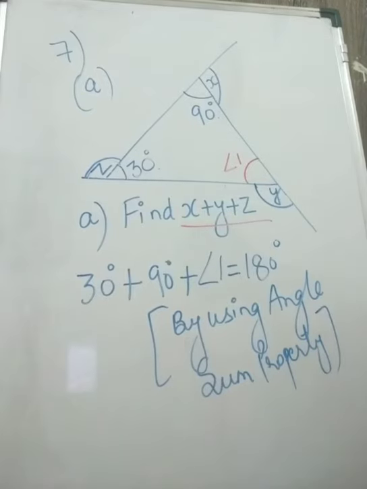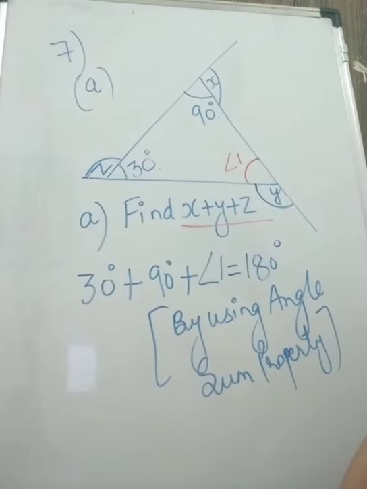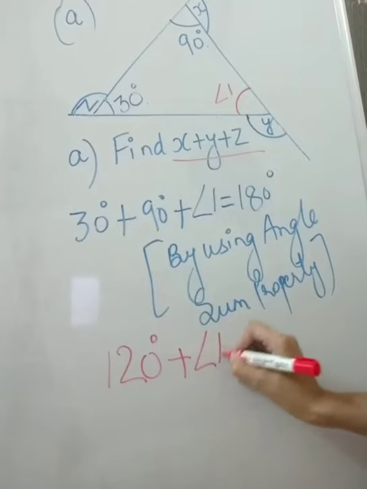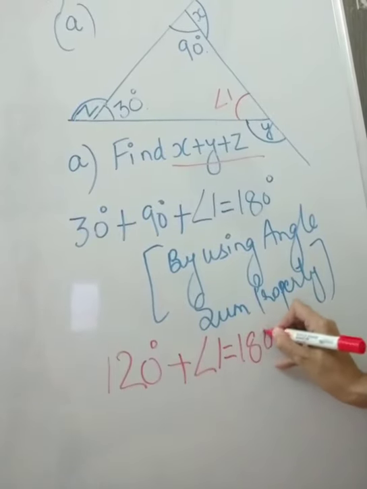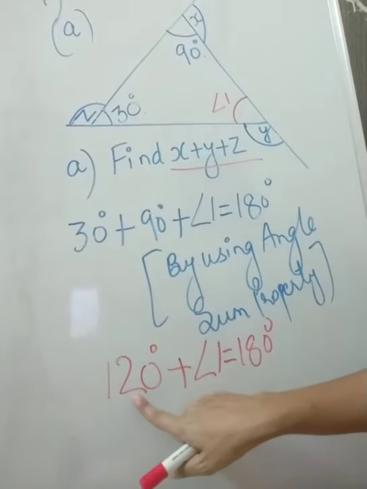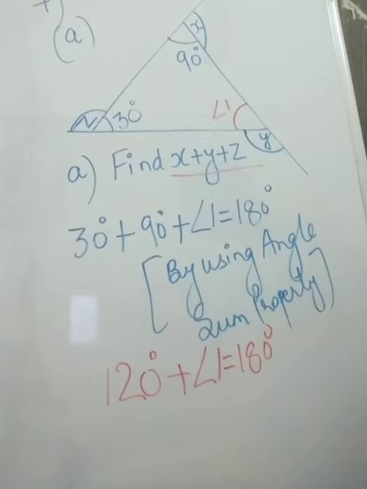Okay student, by using angle sum property, this plus this plus this is equal to 180 degree. Now 90 plus 30 will be what student? This will be 120 degree, right? 120 plus angle 1 is equal to 180 degree.